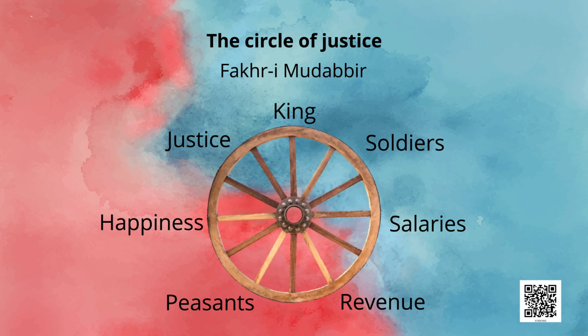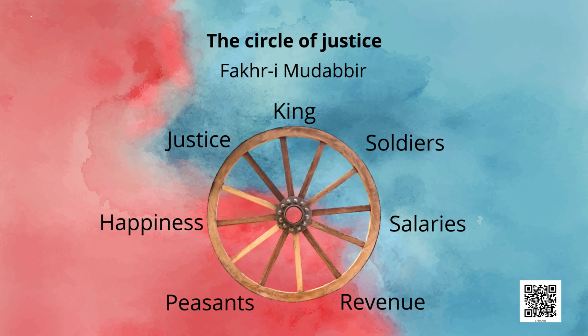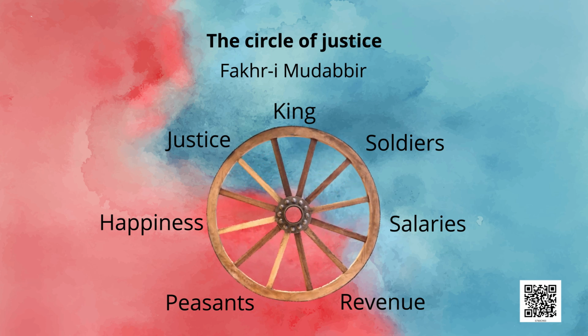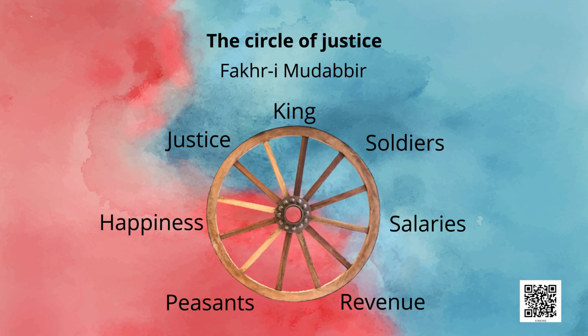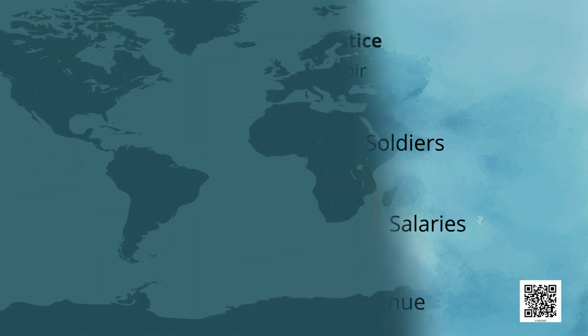This happens when the king promotes justice and honest governance. Do you think the circle of justice is an appropriate term to describe the relationship between the king and his subjects? I think this is correct. This is an appropriate description.